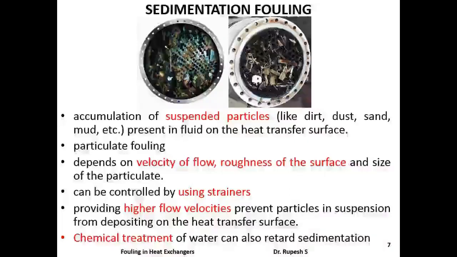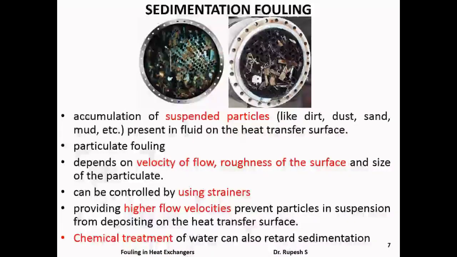The next is sedimentation fouling or particulate fouling. This is due to the deposition of suspended particles present in the fluid like dust, dirt, mud, etc. This type of fouling depends on velocity of flow, roughness of the surface, and size of the particulate present in the liquid.